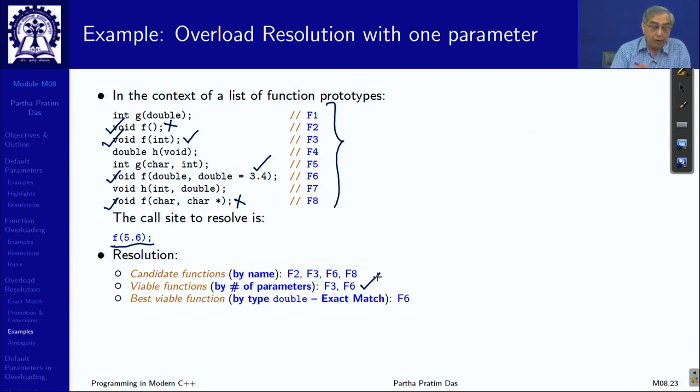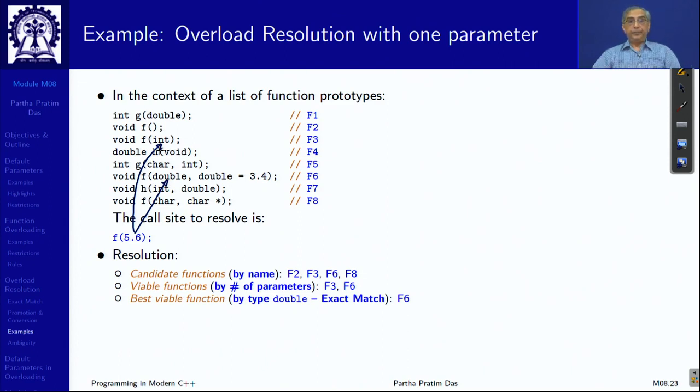So, if I want to call with 5.6, the actual parameter value will have to go to here for f 6 and to here for f 3.